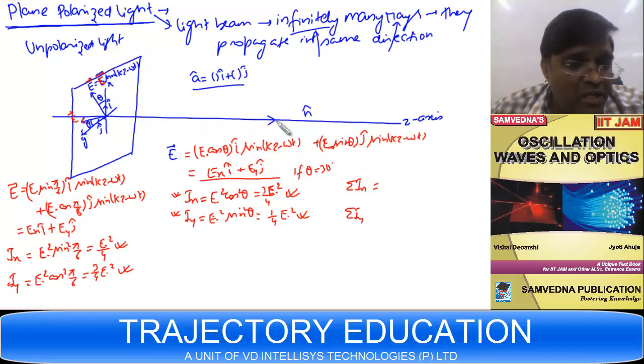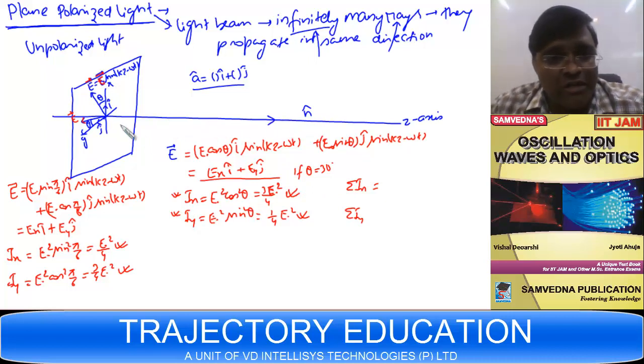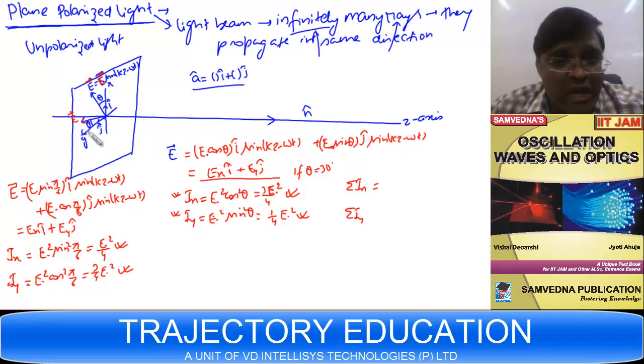See, the number of rays is infinite. So from probability, I can very well say, if you have a field vector making greater contribution to x, then you have a field vector making greater contribution to y. In that case, I can safely say your total intensity sigma Ix and sigma Iy should always be equal.